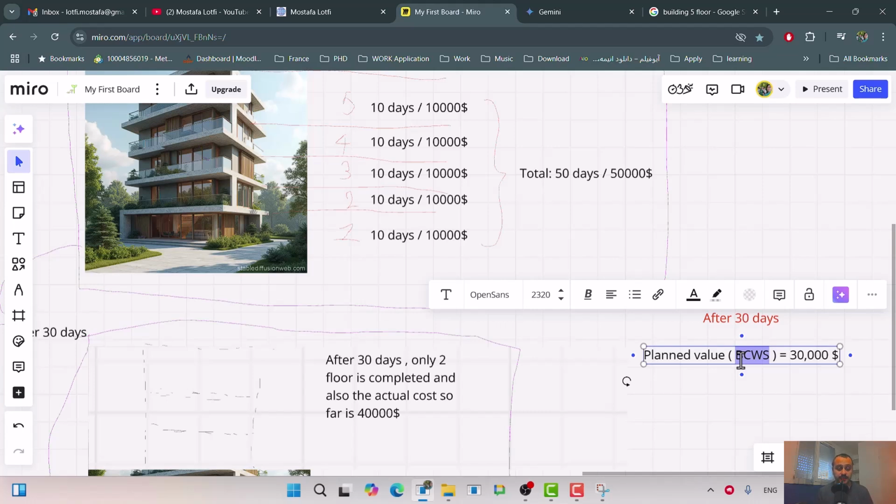After 30 days, the original plan was to deliver 3 floors, and each floor the cost plan was 10,000. So planned value of your project up to now is 30,000.